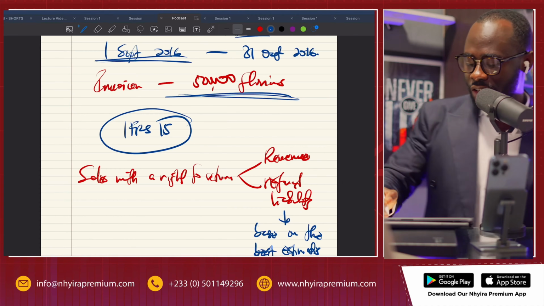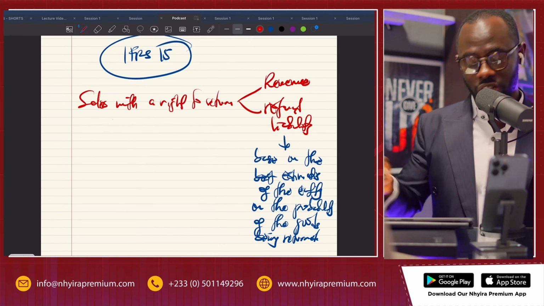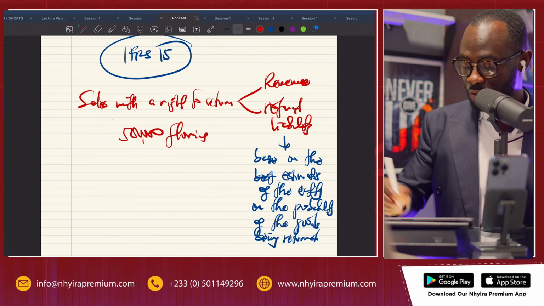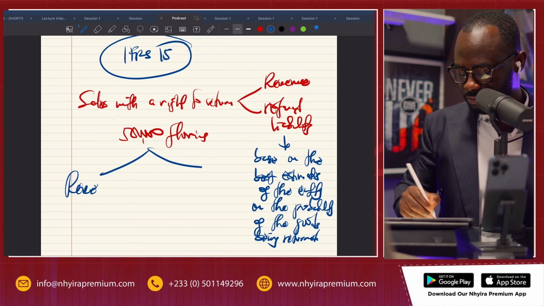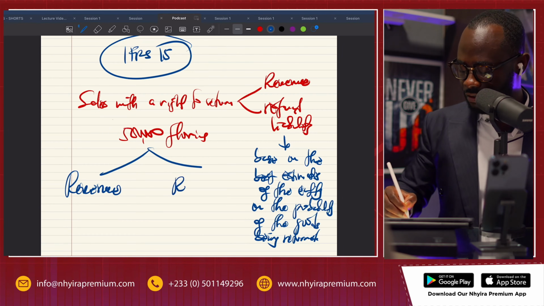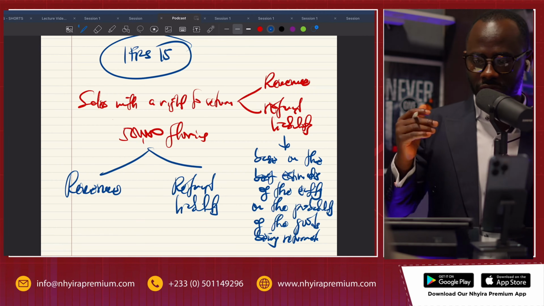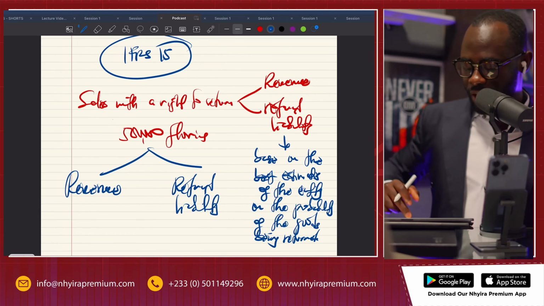So the sales value of 500,000 florins must be split into these two components. We need to recognize revenue component of it and then recognize the refund liability of it as well. Are you getting the treatment? Very important. Very important. So let's go back to the question then.